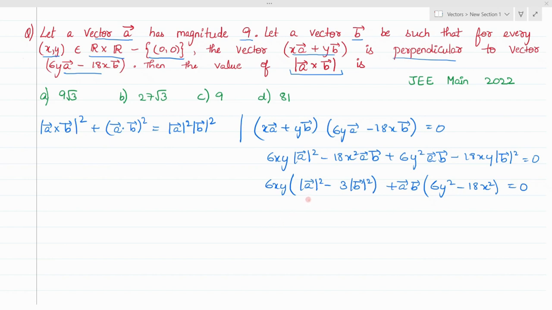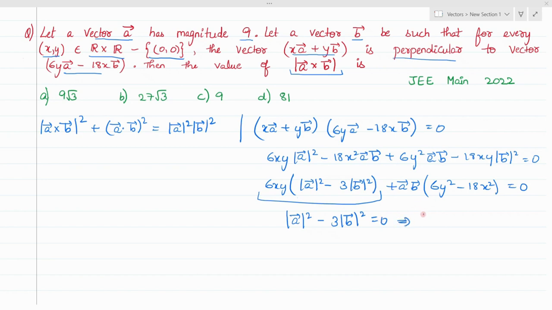Now, it is given that x, y belong to all the real numbers except 0, 0. So from there we can write that mod A square minus 3 mod B square will be 0, because all the real numbers can be used here. The equation becomes 0 when either this whole thing is 0 and this whole thing is 0. So this will be 0 when this is 0.